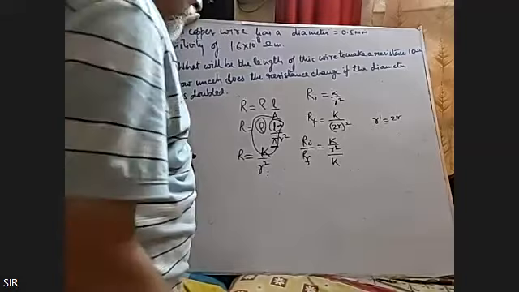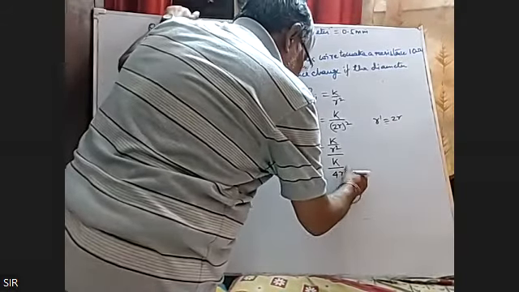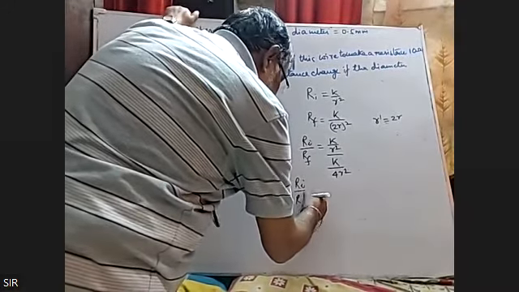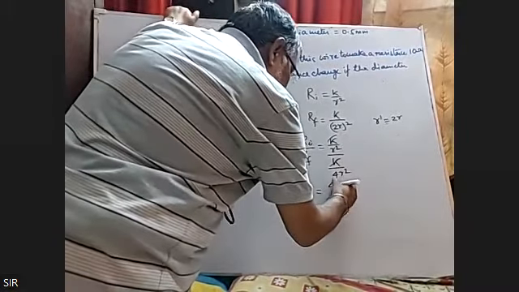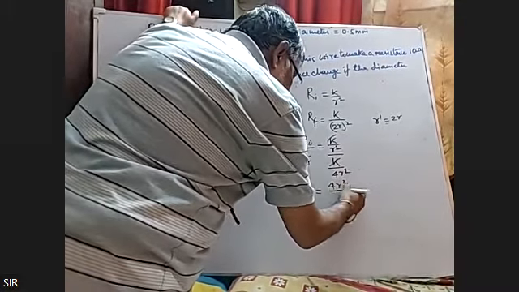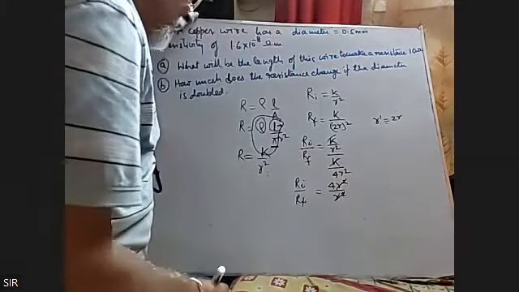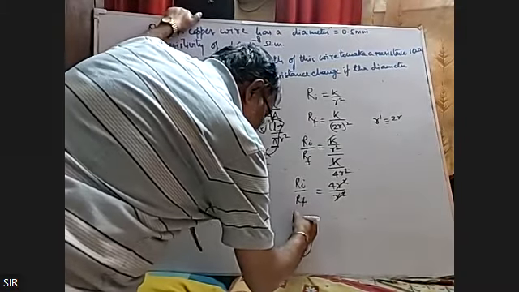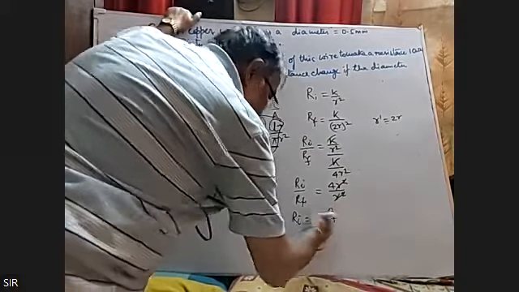Okay. So it becomes K by 4r square. So Ri by Rf will become K cancelled, 4r square upon r square, again r square cancelled. So Ri is 4 times of R final.